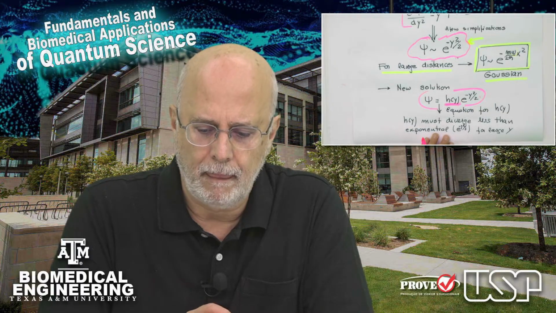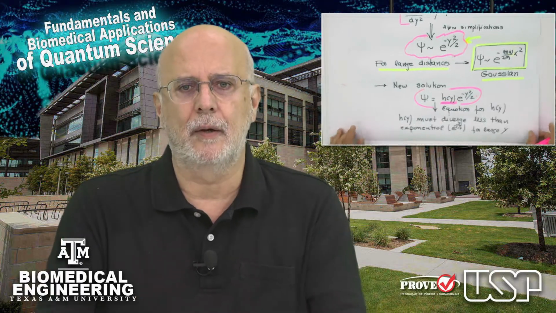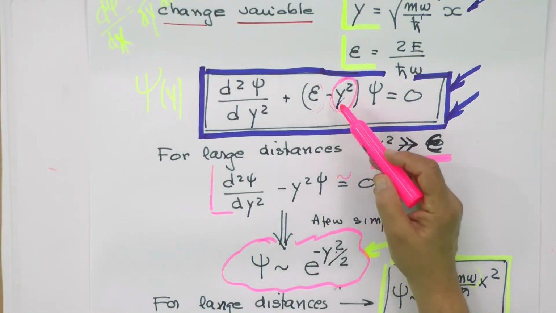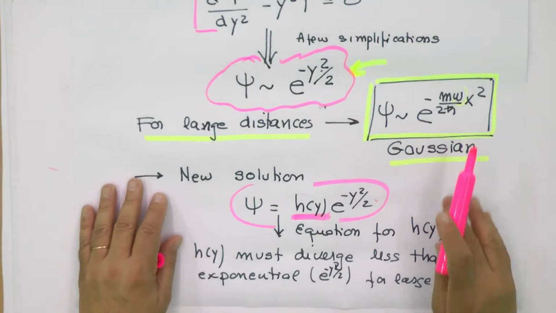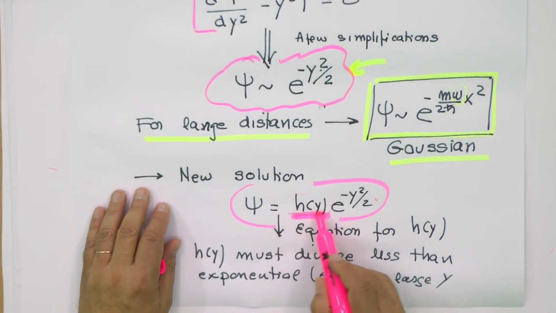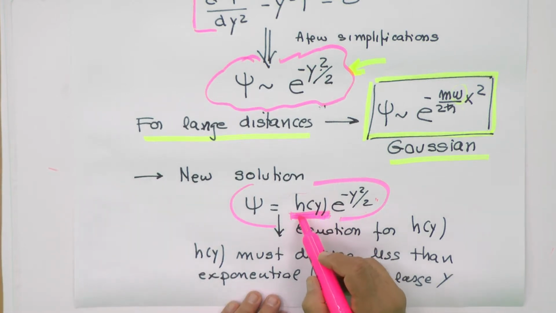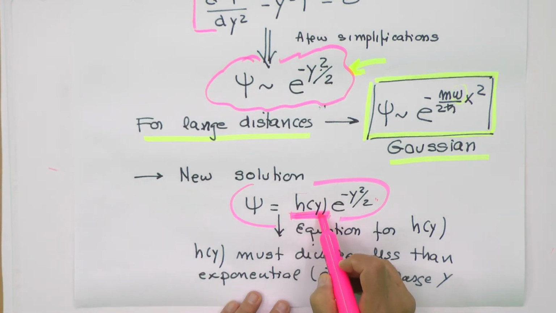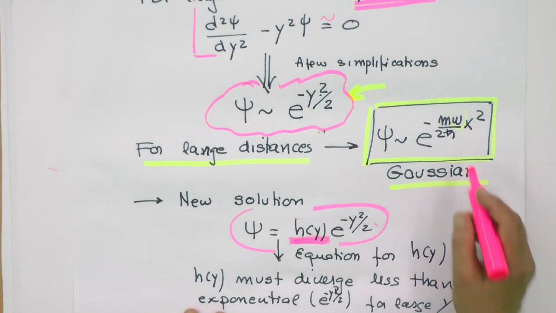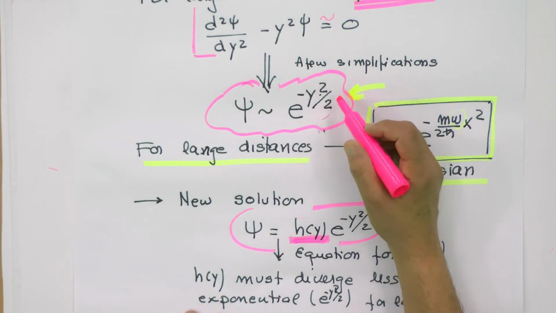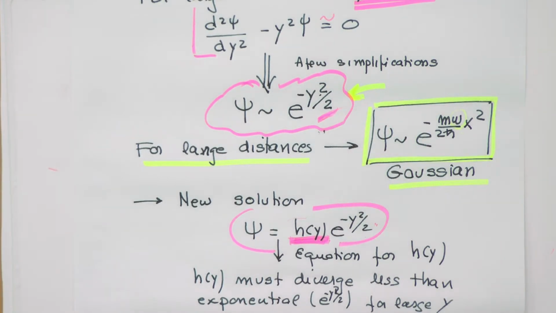right? And now we go back to the original equation and we substitute our new proposition of solution, which is a new function h of y times the solution that we found for large y, which is the Gaussian, right?